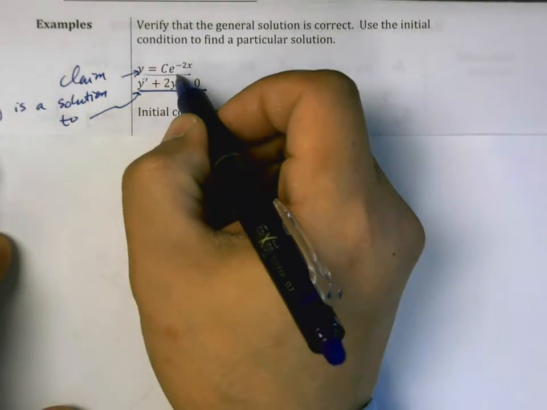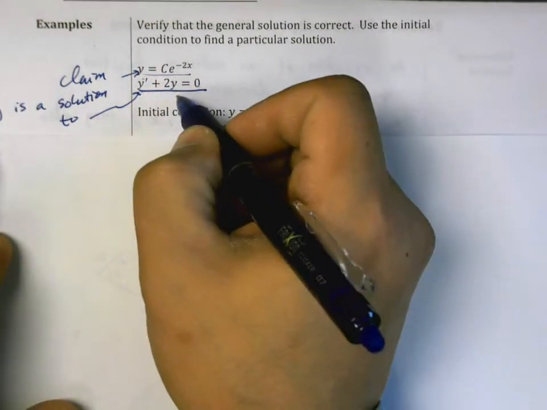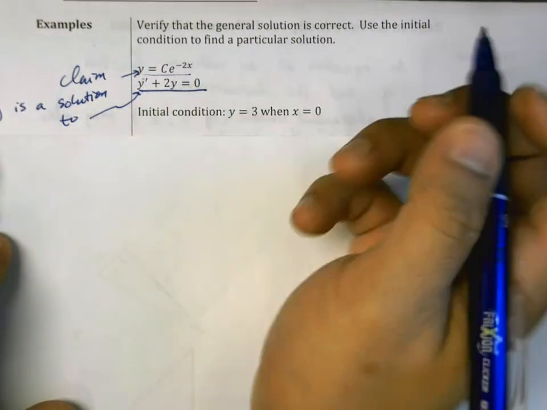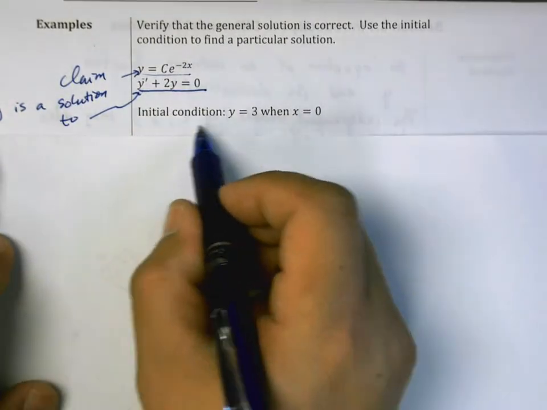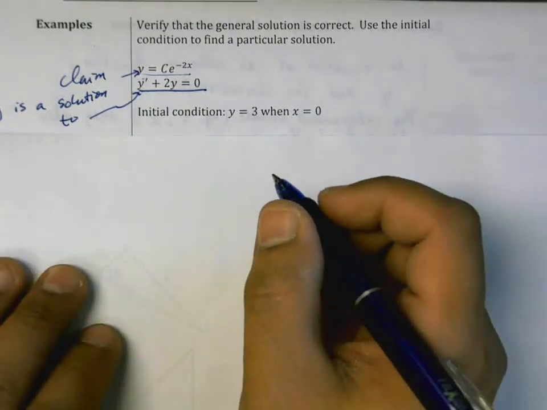So that y equals c e to the negative 2x is a solution to this particular equation. And then we'll work on the initial conditions in a little bit.